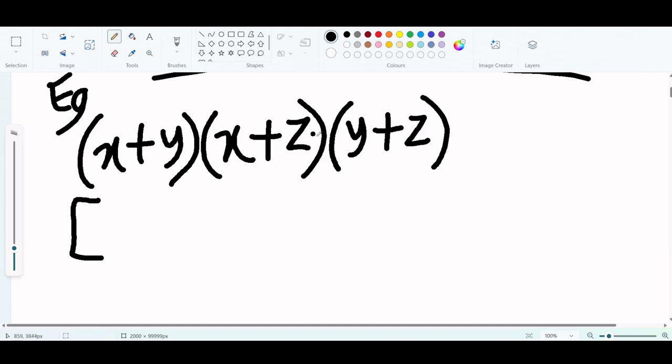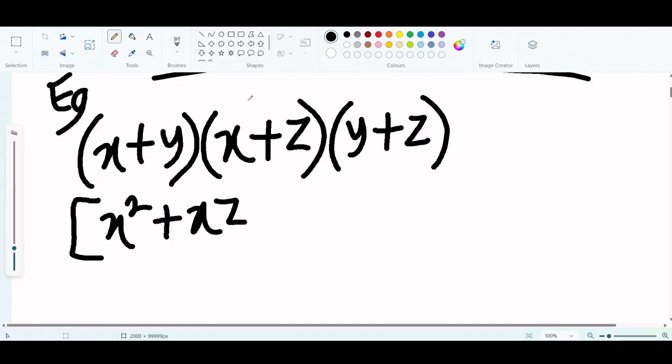So the four terms that we are going to generate from the first two brackets will be inside a new bracket. So it's going to be x times x, that will be x squared. Then x times z, that will be xz.